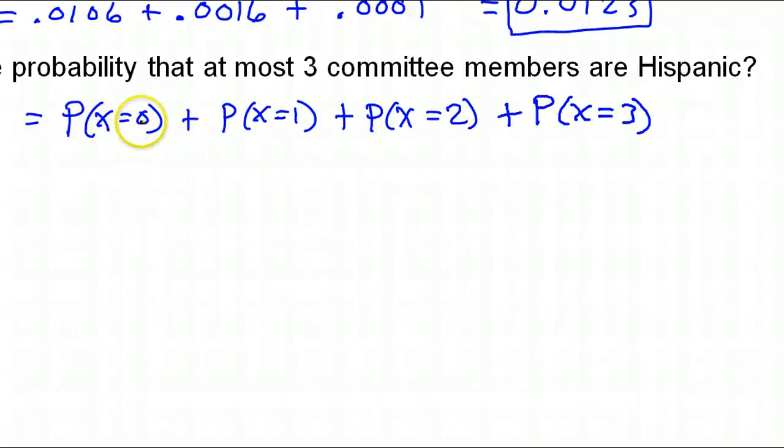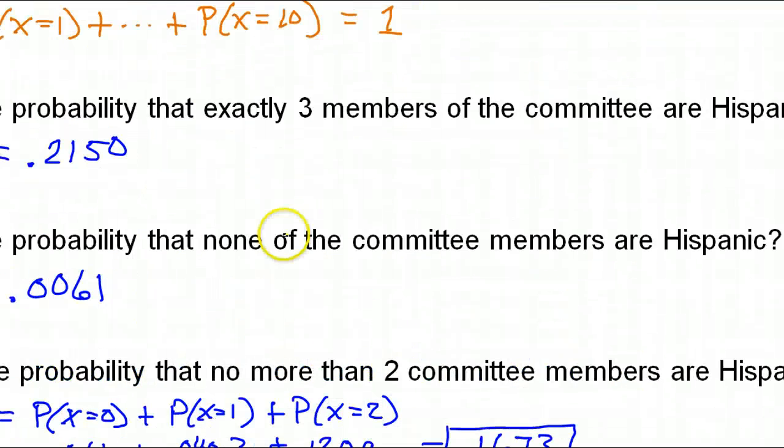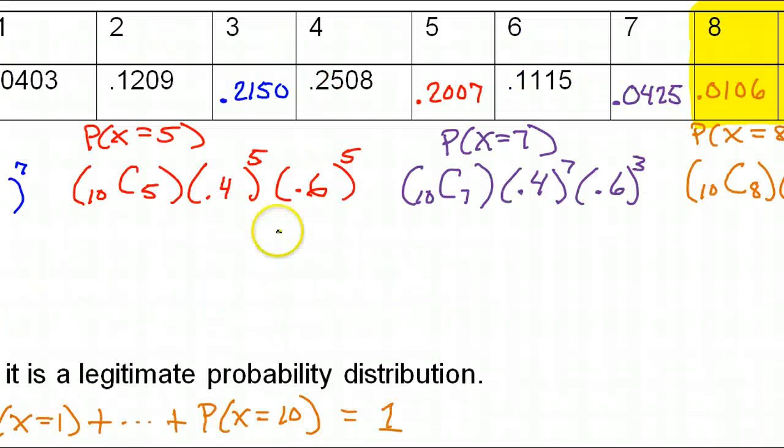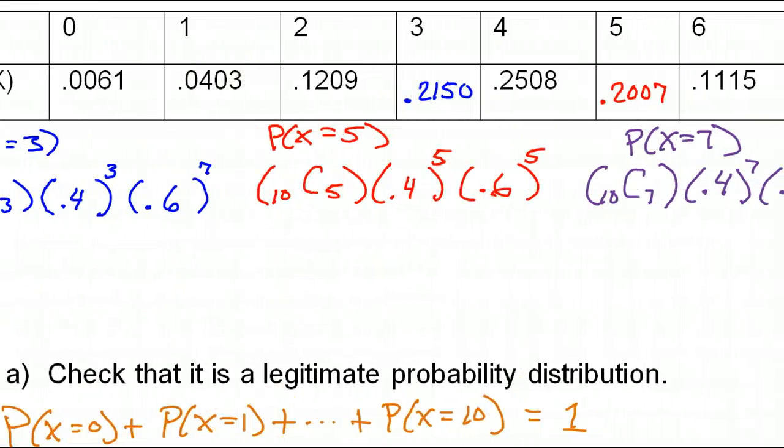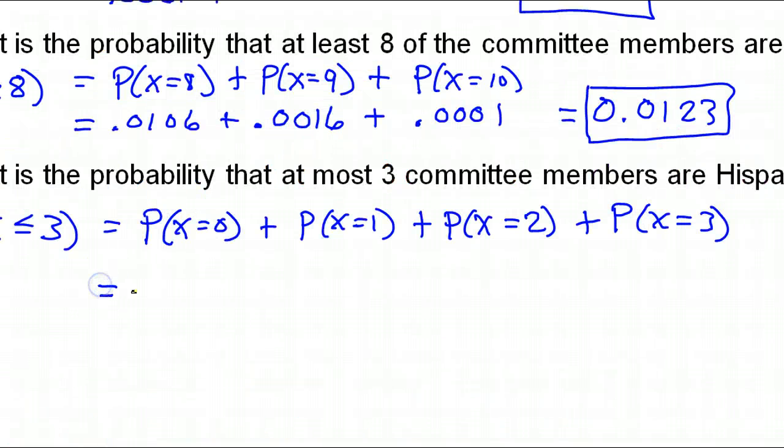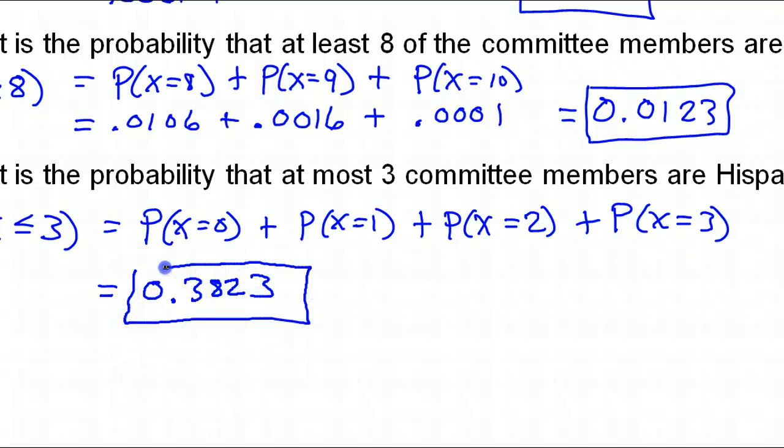So the probability that x equals 0, 1, 2, or 3. Add those up. I got 0.3823. Is that what you got?